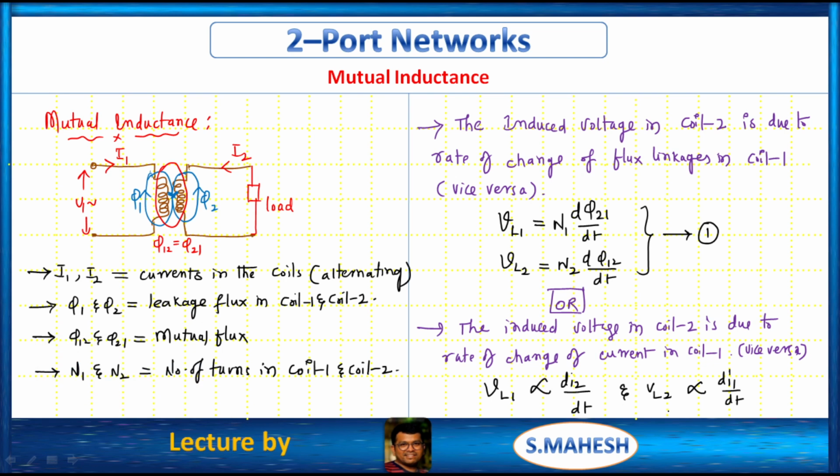The voltage in coil 2 is due to the rate of change of current in coil 1, vice versa.